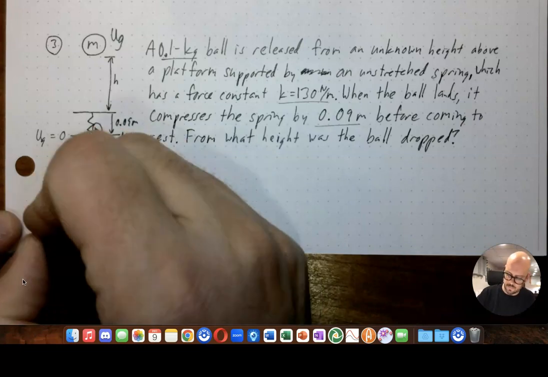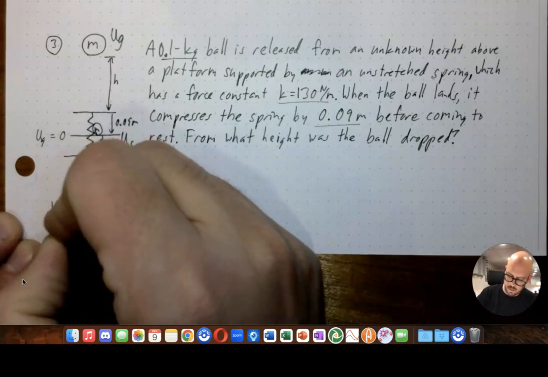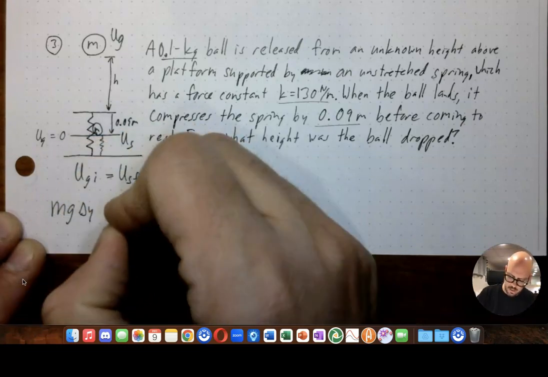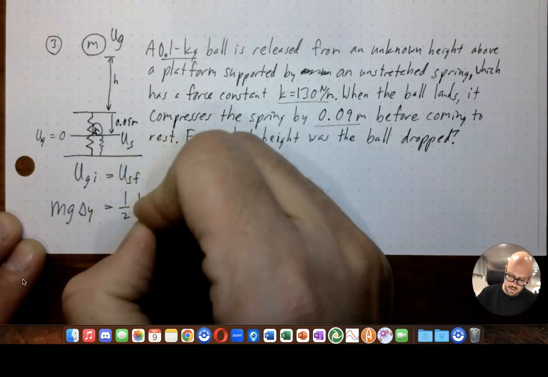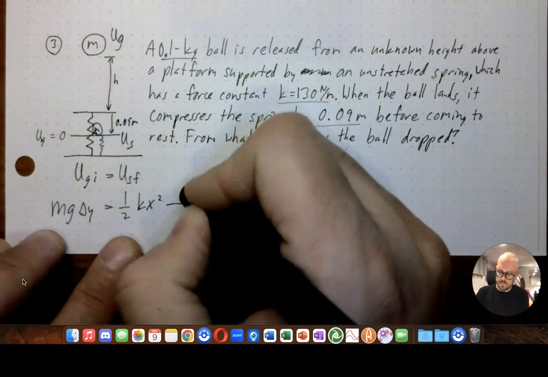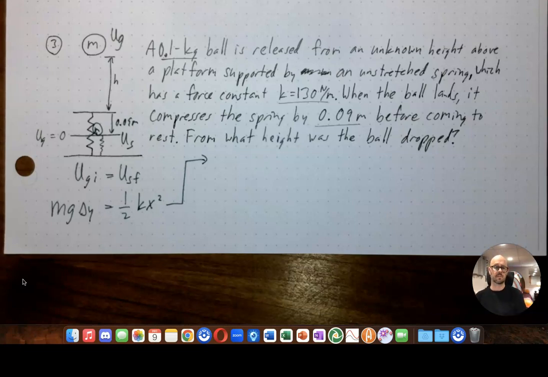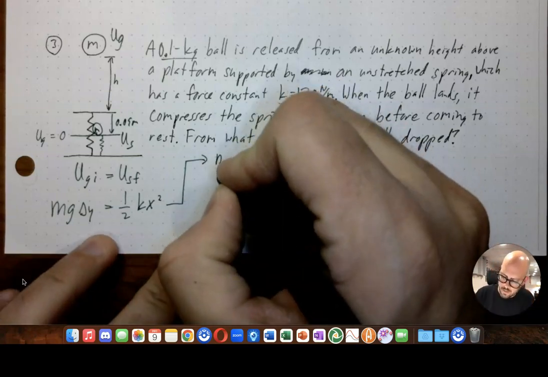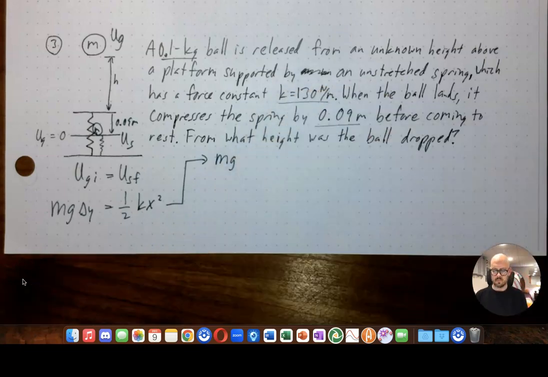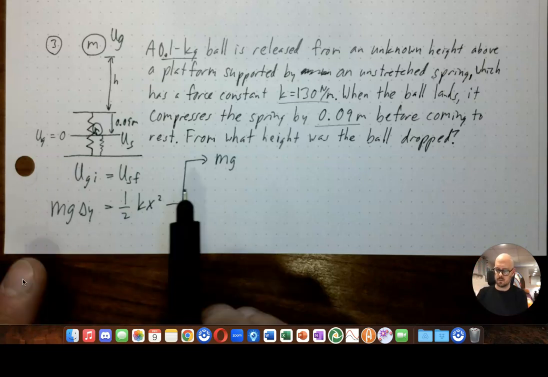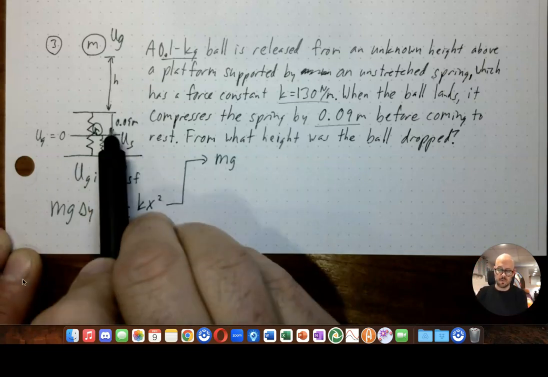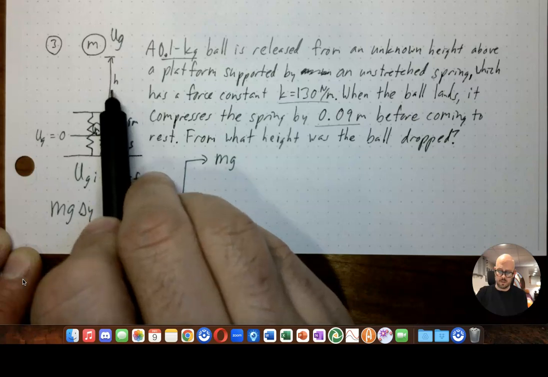And so we have this very simple looking equation, mg delta y equals 1/2 kx squared. And so then the complexity comes in when you start to assign values for delta y and the stretch x. So the gravitational potential energy is the weight of the ball times the total height above that starting position. So I'm going to put this number in right away, and I'm also going to put that h in.